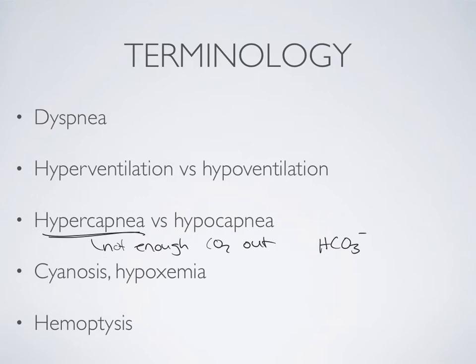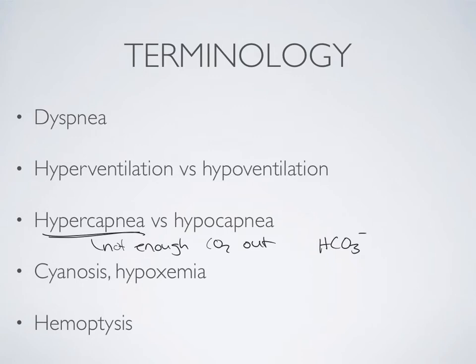And if you end up not being able to get rid of enough carbon dioxide, your blood becomes acidic. And we all know all of our proteins have to function within a narrow pH range. So you try to compensate by excreting more acid through the kidneys, but the kidneys work much slower than your respiratory rate.